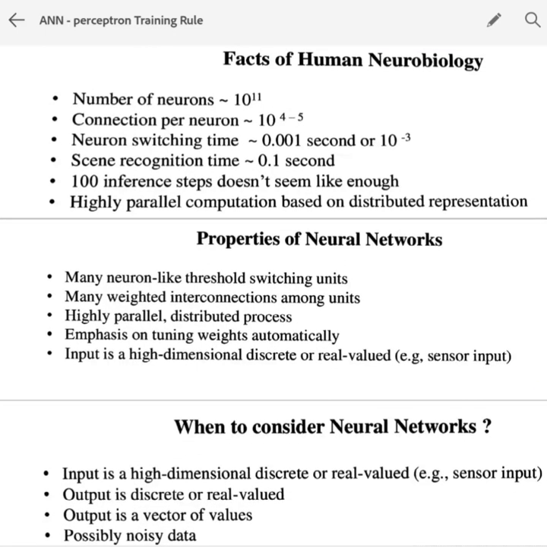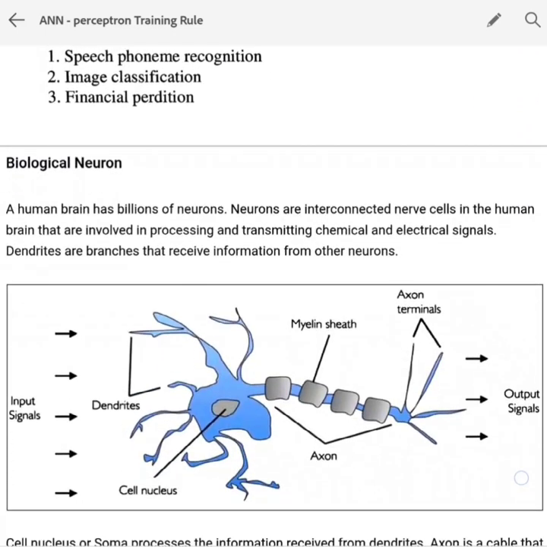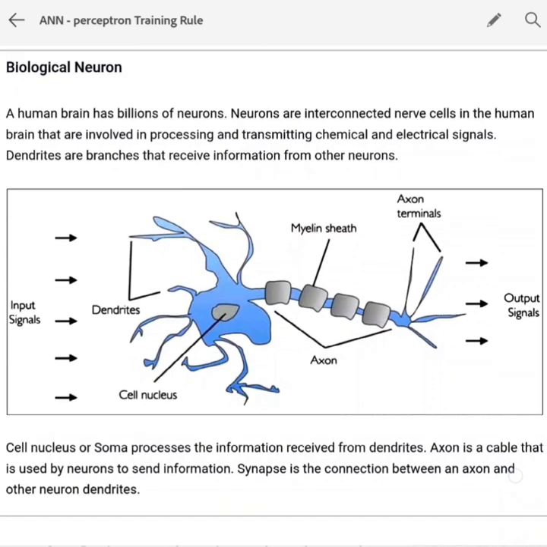There are different neural networks, and whenever we talk about neural networks, we should know that they are just a mimic of the real human brain, which has billions of neurons that are all interconnected. These neurons can be active at a particular moment of time in the brain, and they are involved in processing and transmitting chemical and electrical signals.